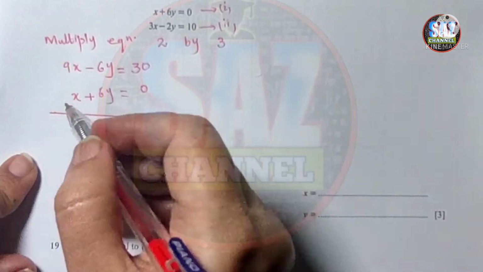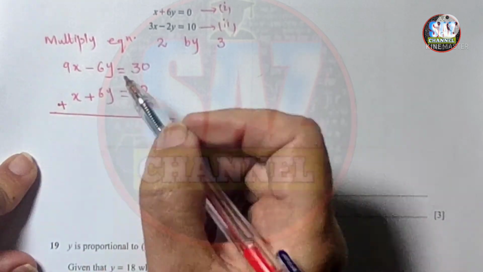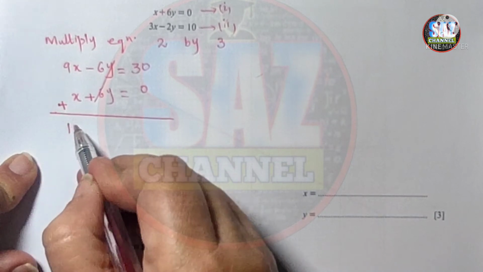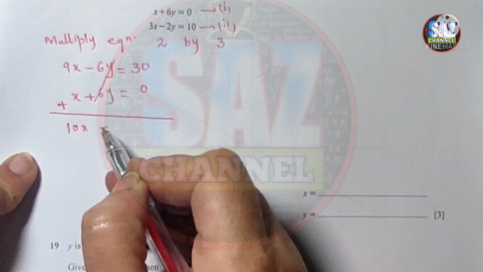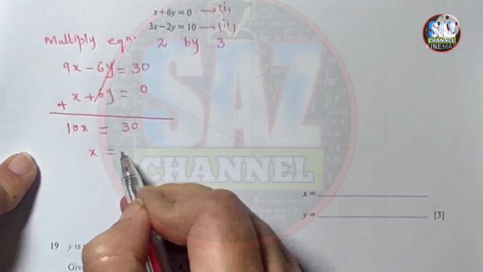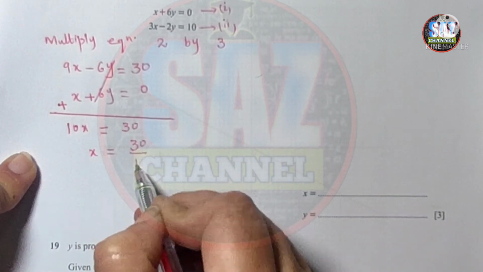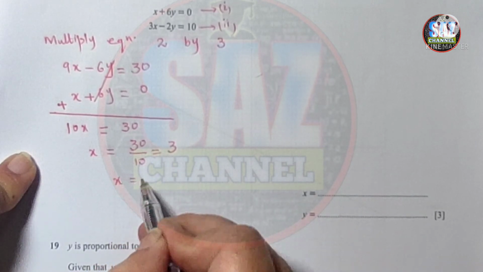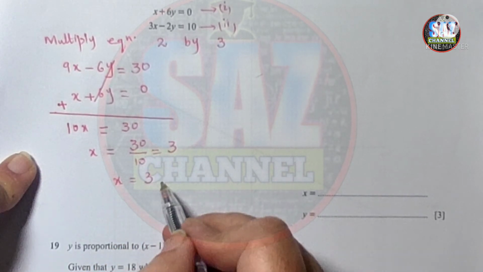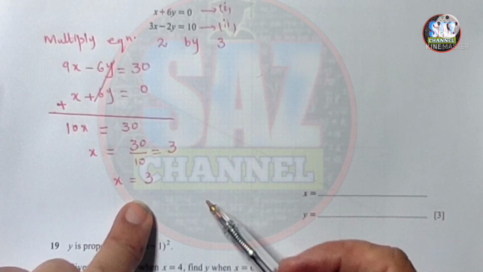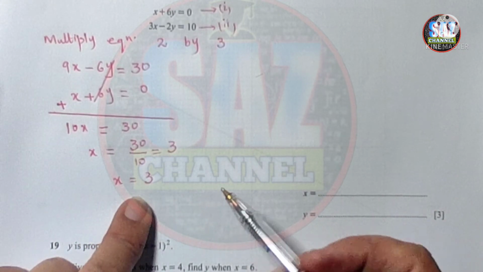So we add up both equations, and this can go easily. 10x equals 30, and in order to get the value of x, I have to do 30 divided by 10, and it gives me 3. x equals 3. After getting the value of one variable, till this working, you can easily get, students, 2 marks. I'm discussing the marking scheme as well with you.